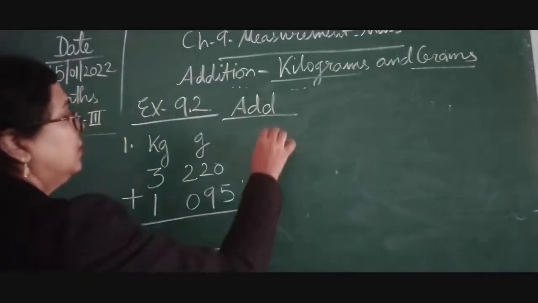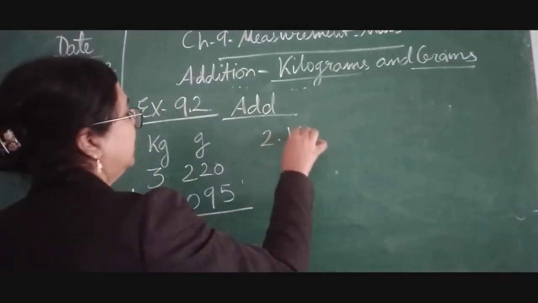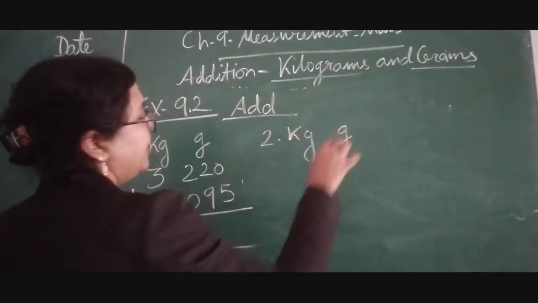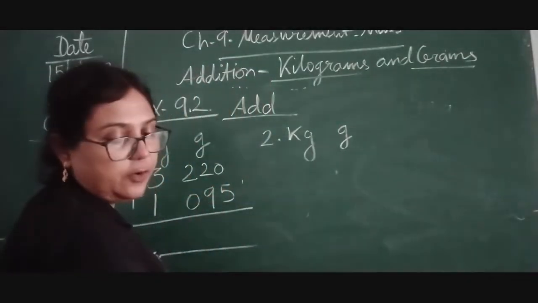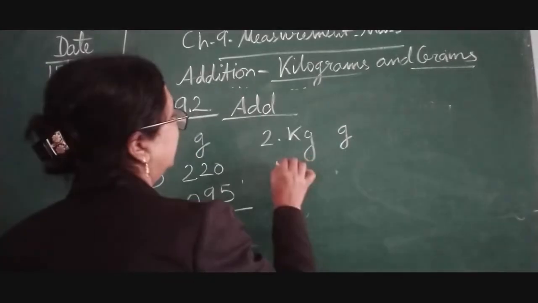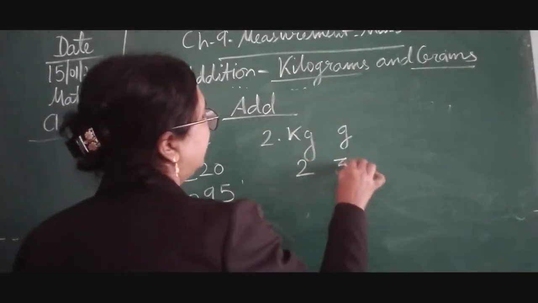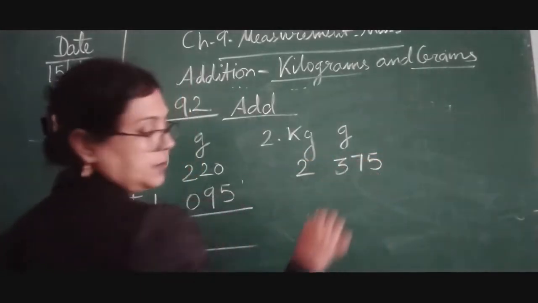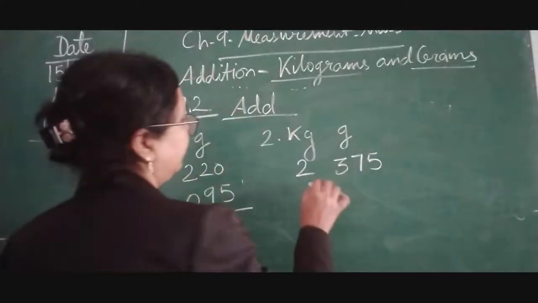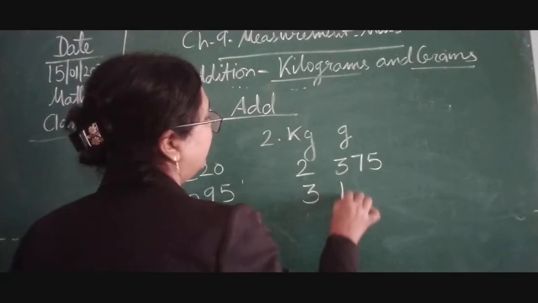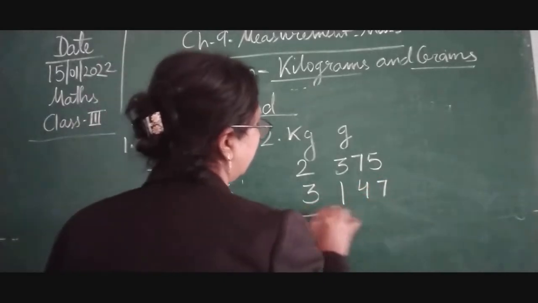Second number we will write on the board, kg, gram, 2 kg and 375 gram. Now 3 kg 147 gram.